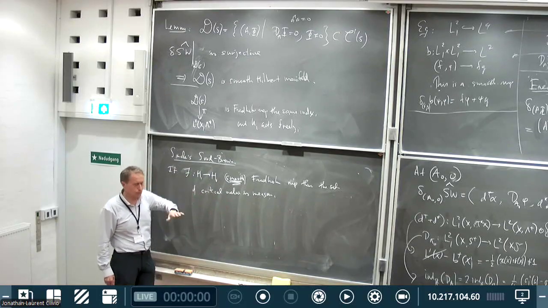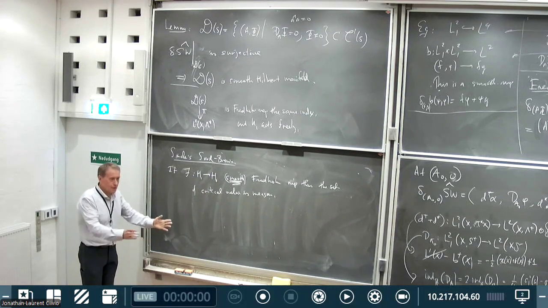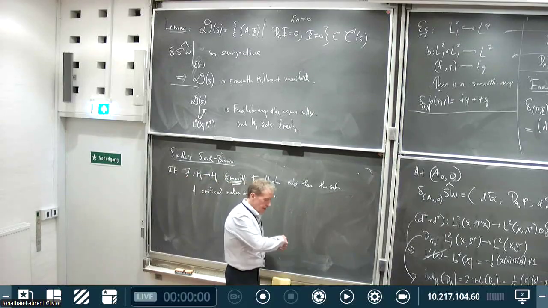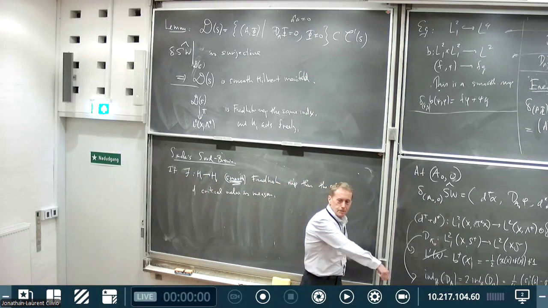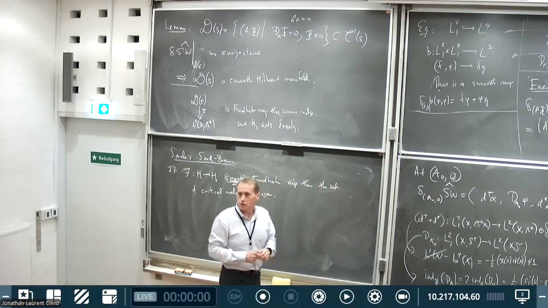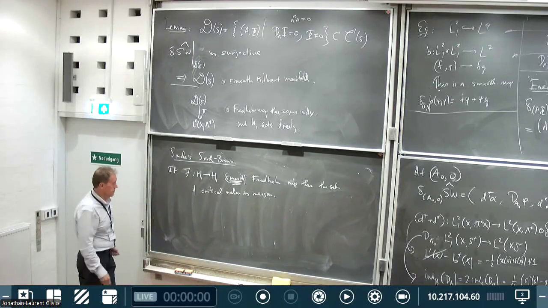There's a beautiful example, Whitney's, of a C1 function on the square that has a fractal arc of critical points.